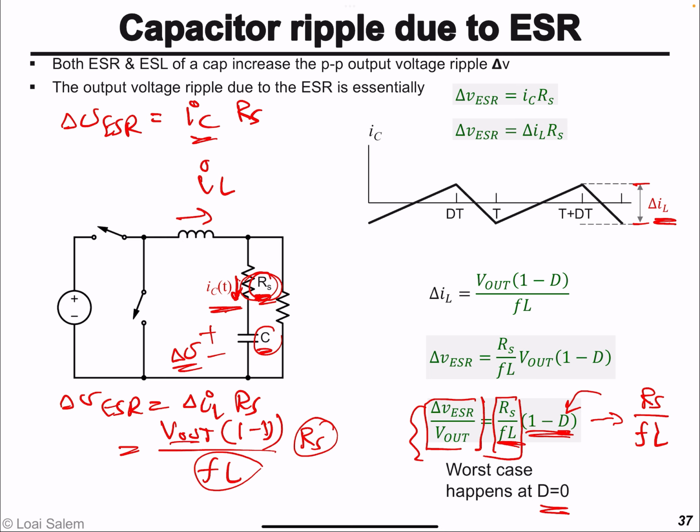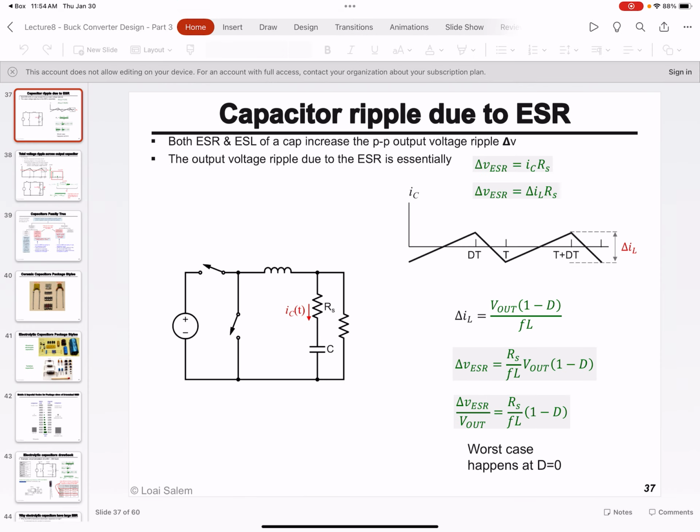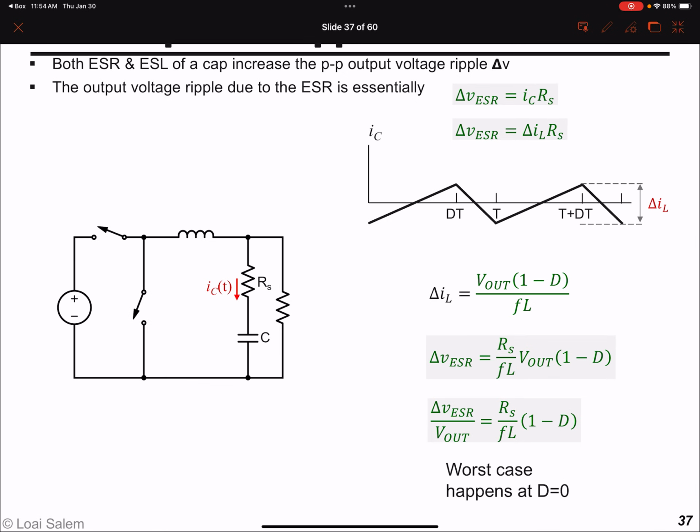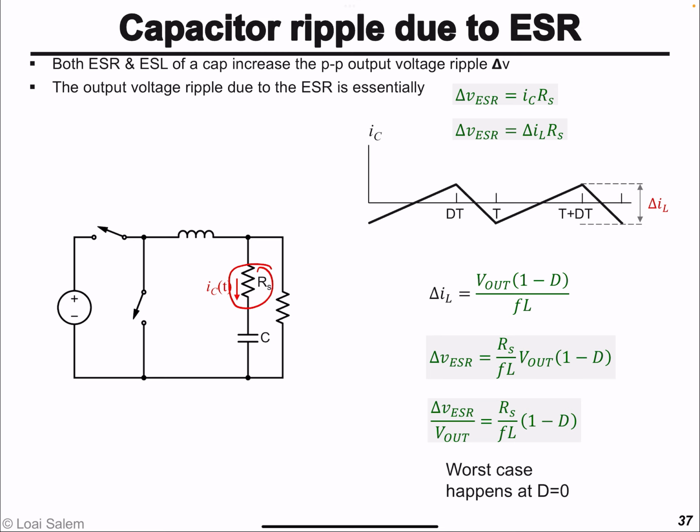Now we have a ripple component due to the equivalent series resistor of the capacitor, as well as a ripple component due to the capacitance itself of the capacitor. So how do we combine them? What will be the total ripple delta V?